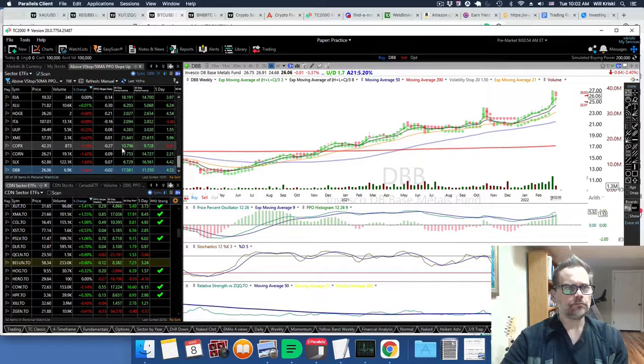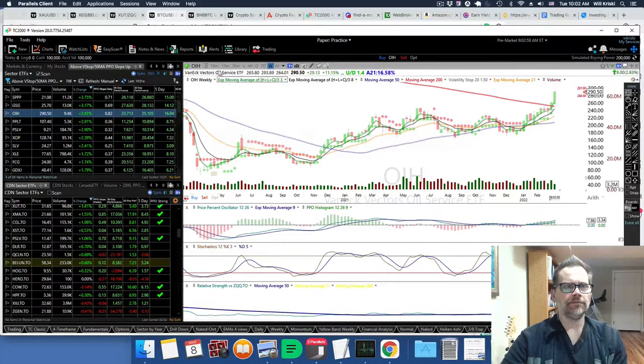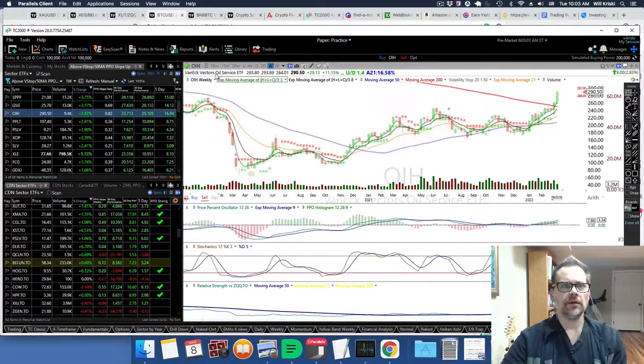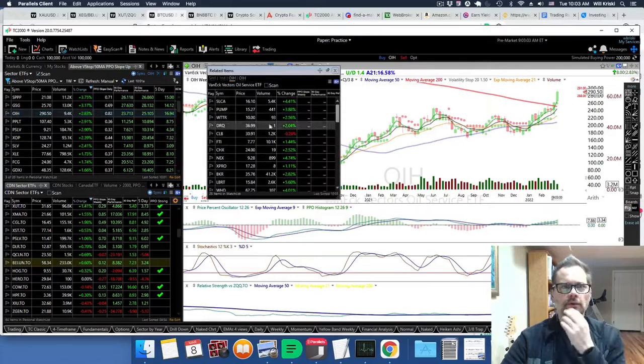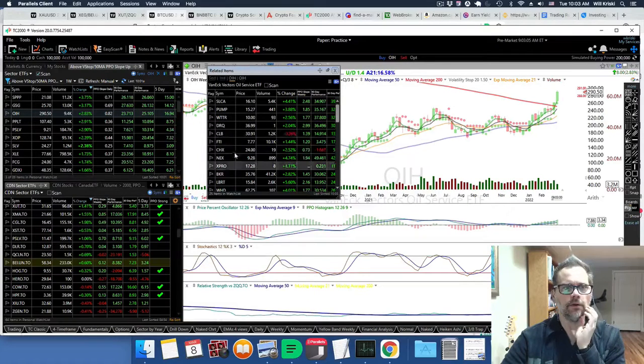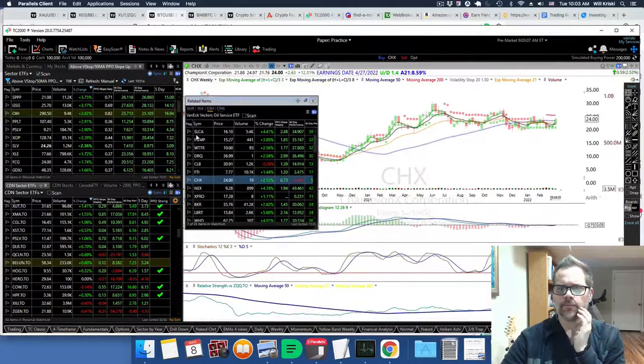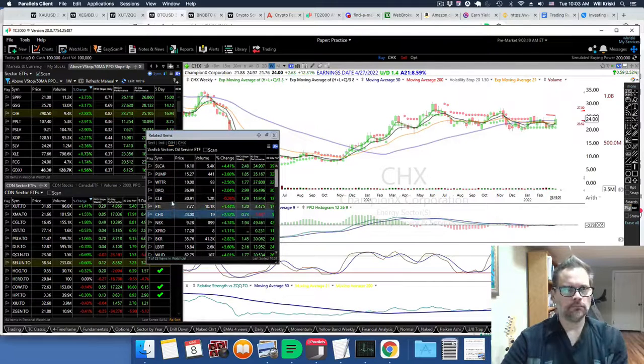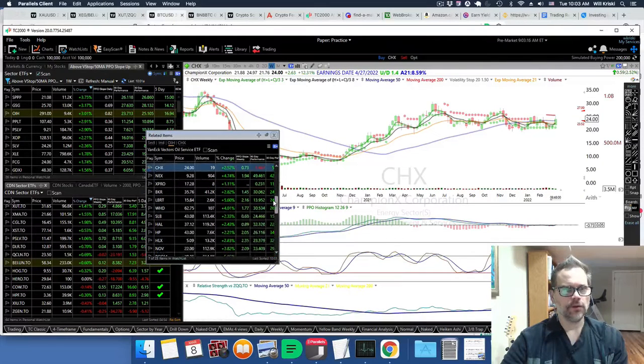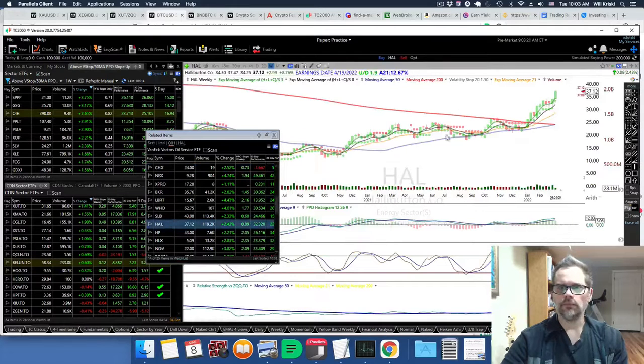So once you look at these sectors and find strong ones on the charts, you can go into the stocks themselves and similarly find strong ones. That's a nice thing with TC2000. It shows you the stocks within the ETFs, and you can decide to look at Halliburton or something like that and get in on the stocks instead.